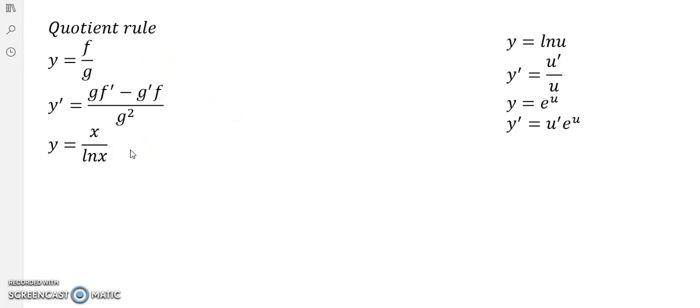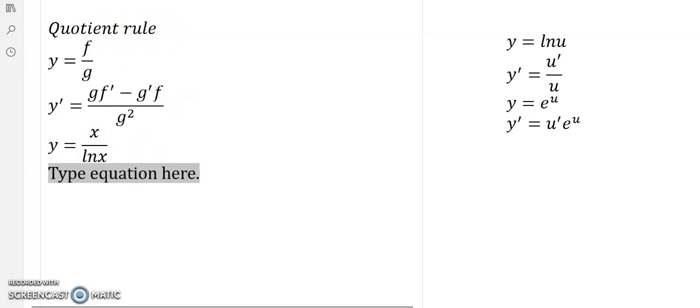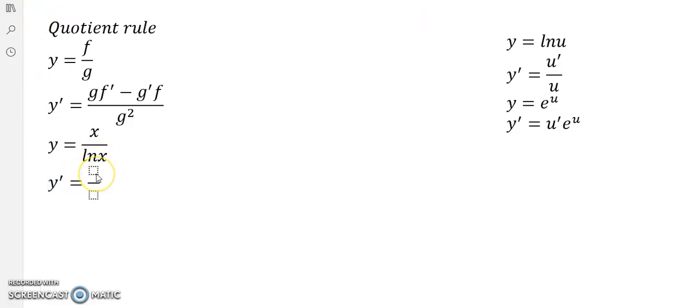This is the last one. Let's derive this one by using quotient rule. Then the derivative of this one will be y prime equal to, we will keep the denominator as it is. Then we have ln x, and we will derive x, but the derivative of x is 1.